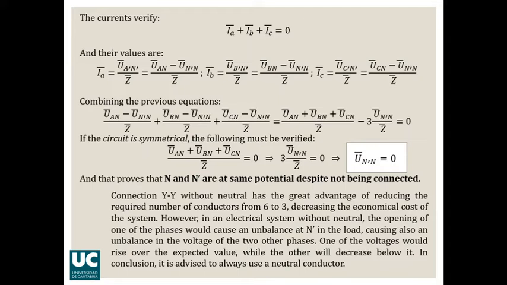However, if we don't have the neutral conductor, any opening of one of the phases will produce an imbalance at n prime, and that will also cause an imbalance in the voltage of the two other phases. The consequence would be that one voltage rises over the expected value while the other decreases, and that will produce some problems in the system. That is why it is always advisable to use a neutral conductor.